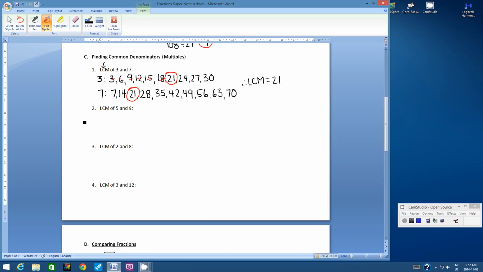All right, let's go on to example 2. LCM, lowest common multiple of 5 and 9.